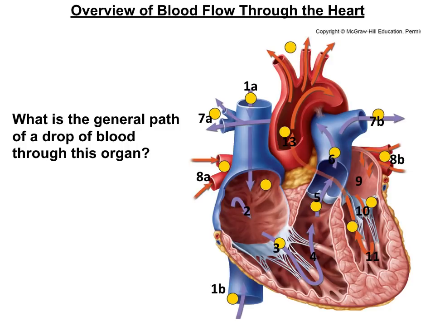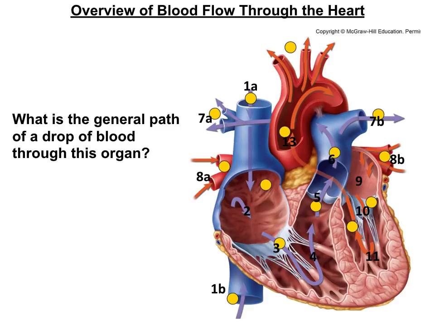We have got 2 pulmonary veins on the right, which is the 2 for 8A, and 2 pulmonary veins that are left pulmonary veins that are 8B. Now, the pulmonary veins are bringing the blood from the lungs. They're bringing that blood back to the heart and deliver their blood into number 9, which is the left atrium.